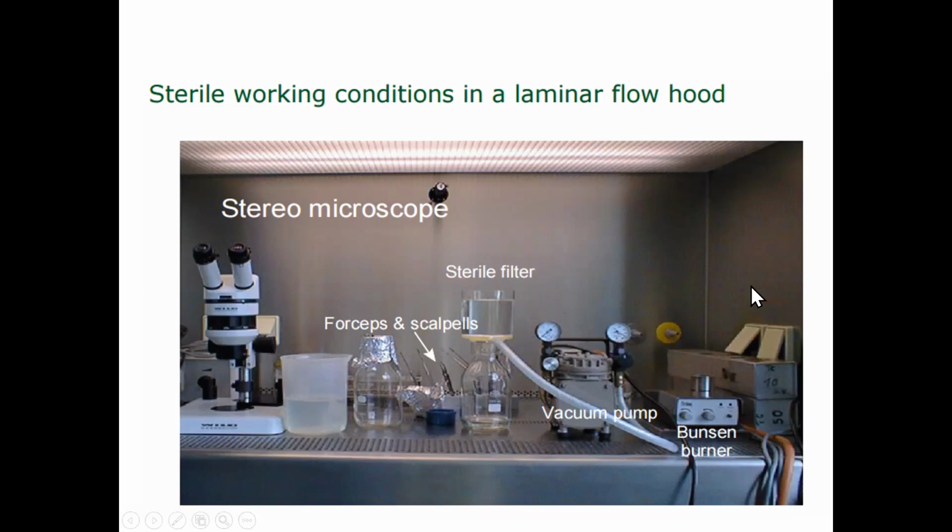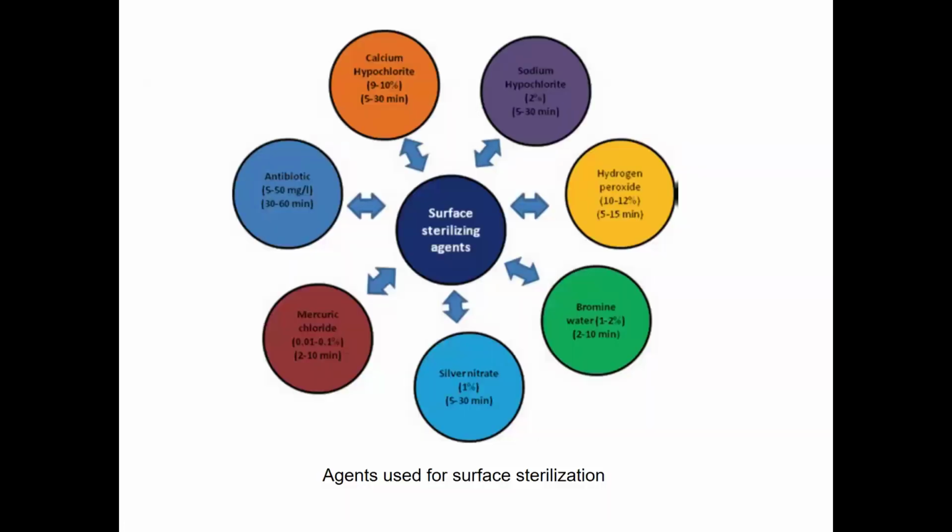And there is a glass cover here, so from your face, your mouth, bacteria and other microbes cannot get in. So this is the tissue culture cabinet or laminar airflow hood. We do the tissue culture here. So agents used for surface sterilization, they are like this. Just a moment.